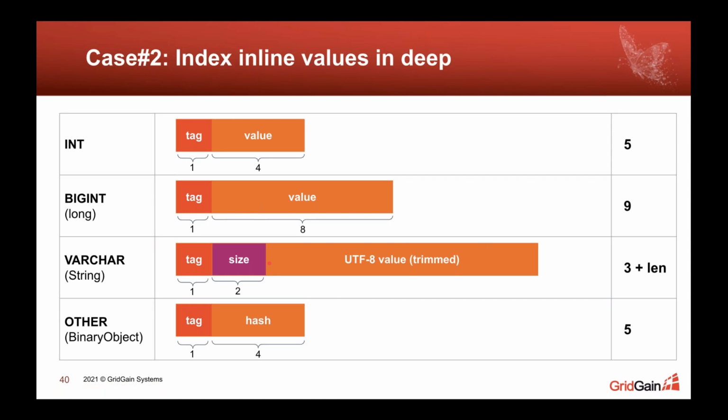Let's discuss the actual structure of inlining. In the inline row, for each value, 1 byte is dedicated to a tag that stores type information. For an integer, it's 4 plus 1, it's 5. For a long, it's 8 plus 1, it's 9.